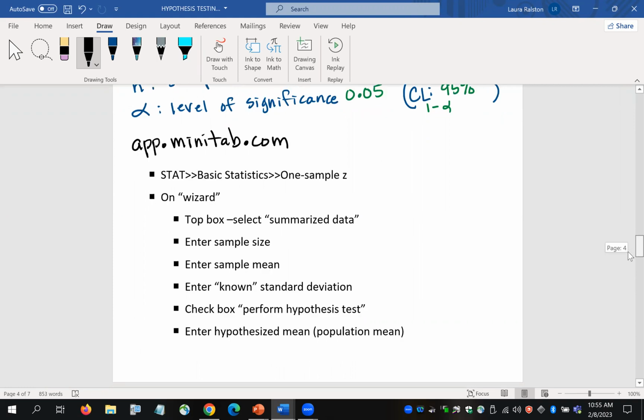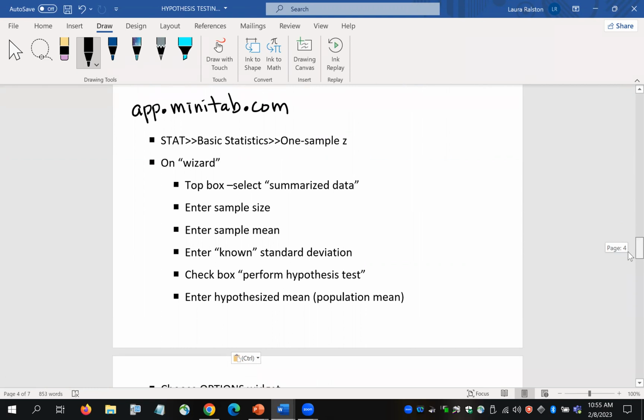We have to enter the sample size, the sample mean, the known population standard deviation. But this time we're going to tell it we want to do a hypothesis test. On Monday, when we were doing confidence intervals, we weren't doing a hypothesis test, but now we are.